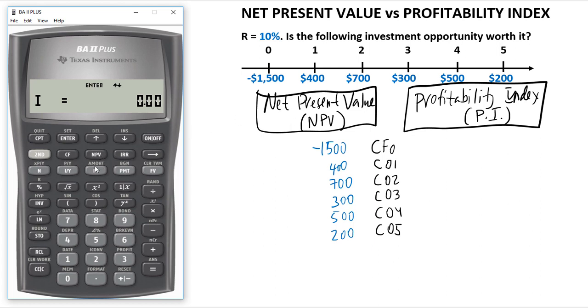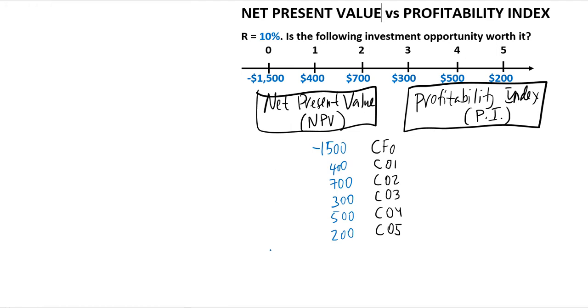It asks for the interest rate, which is 10%, it's given. I press 10, enter, down, and compute. $133.23. Let's write it down. So my NPV equals $133.23.